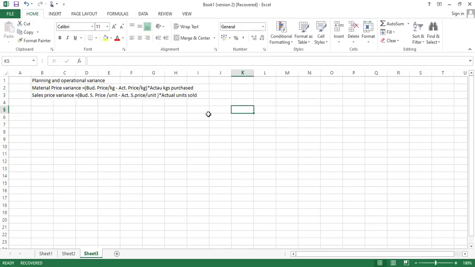So these are the basic two variances. You need to remember these variances.